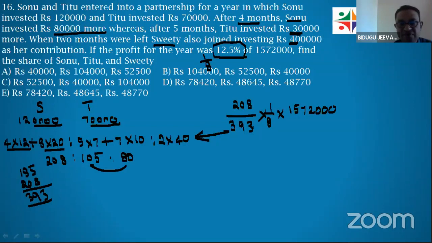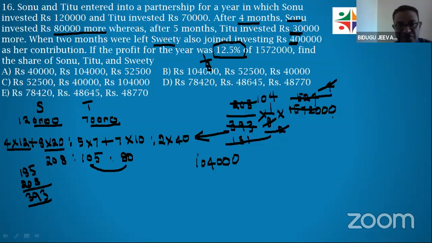Now make the calculation simple. 3 ones, 3 threes, 3 ones, 3 fives, 3 twos, 3 fours. This is absolutely 4 times. 4 twos are 104. 104 into 3 zeros, which is available in the second option.